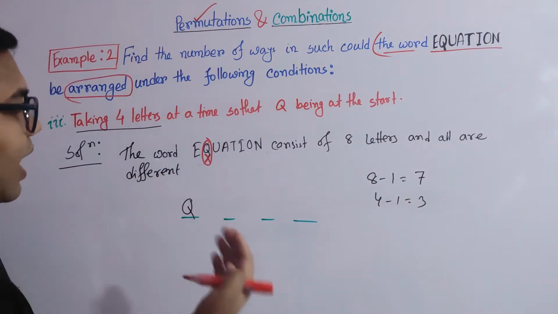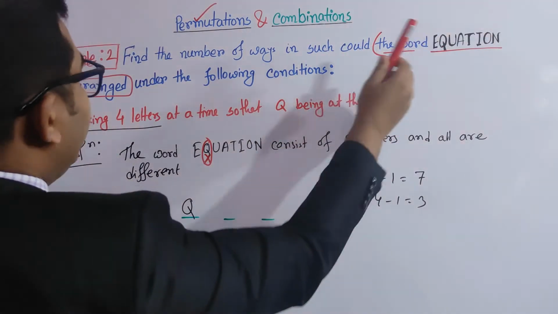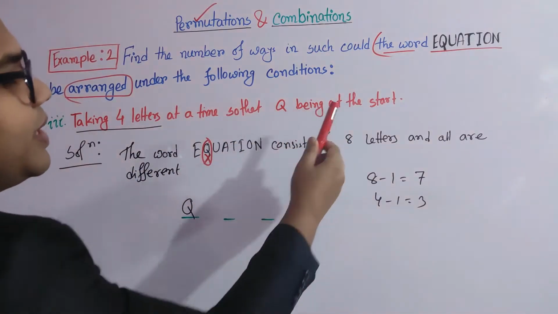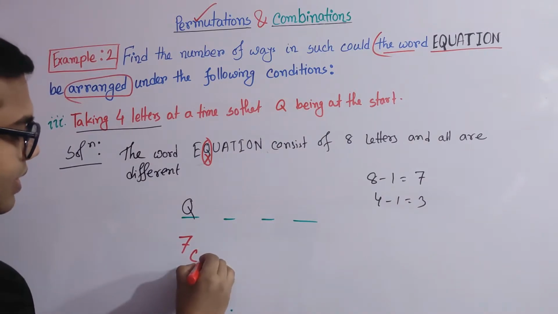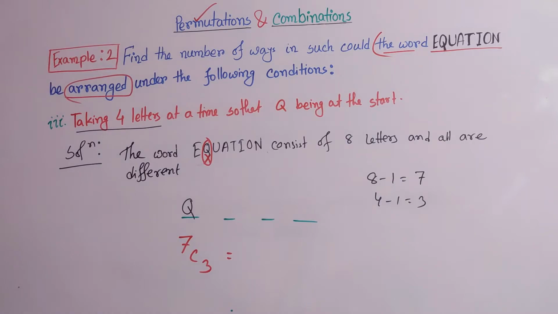How can we go for that? The word EQUATION arranged taking 4 letters at a time, so that Q is at the start, is 7P3, and it gives the answer 210.